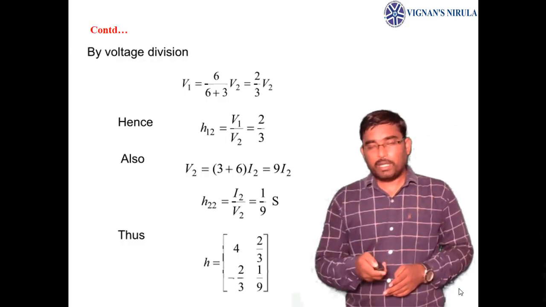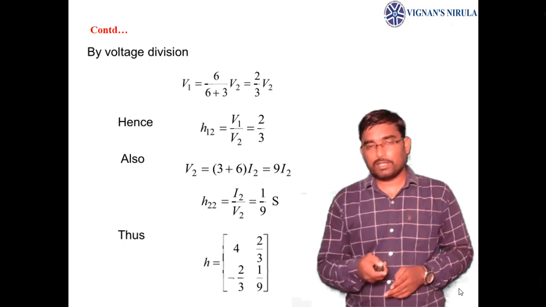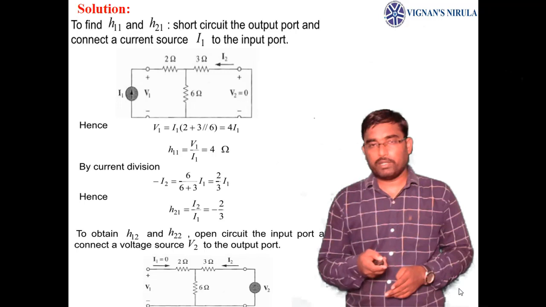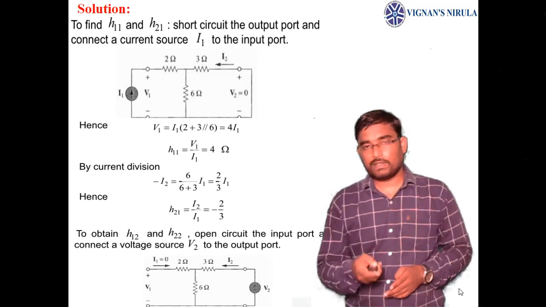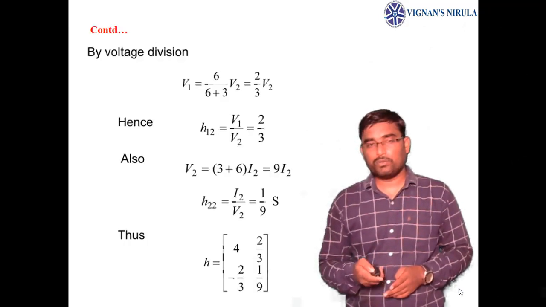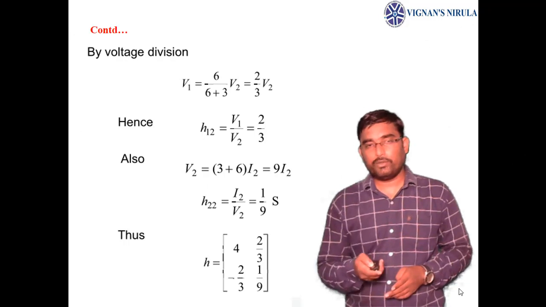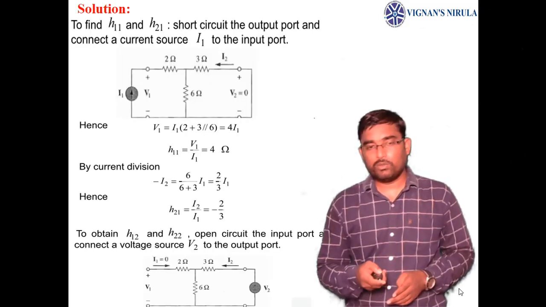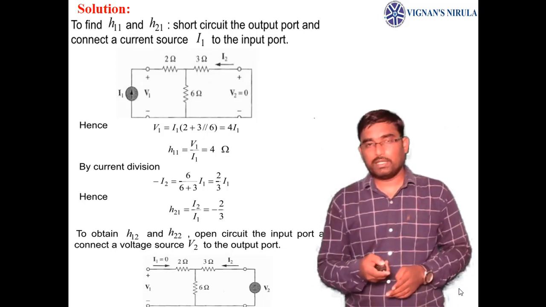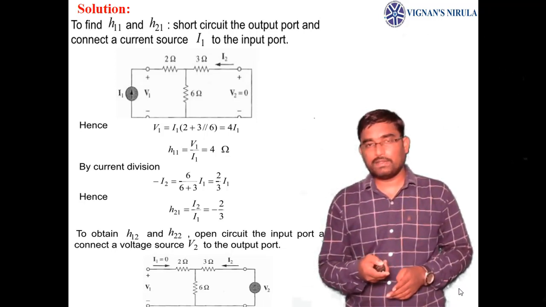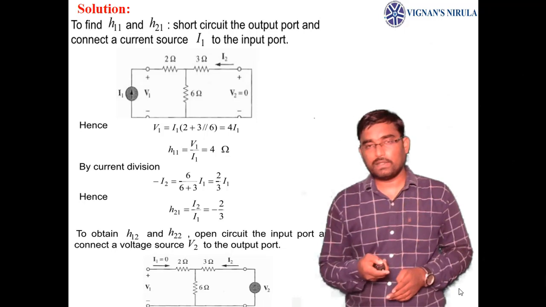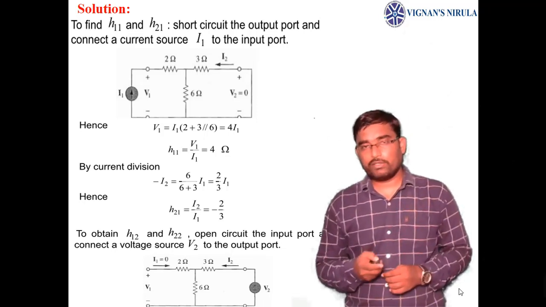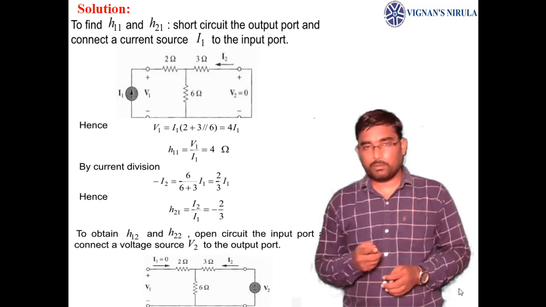Now by applying the voltage division rule, writing the voltage across 6 ohms, V1 equals V2 into 6 by 6 plus 3. V1 is the voltage across 6 ohms. As I1 is taken as 0, the current flowing through 2 ohms is 0. So as there is no current flowing through 2 ohms, it can be deleted.